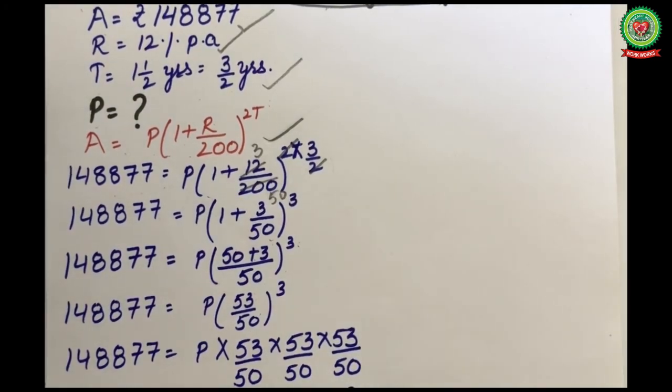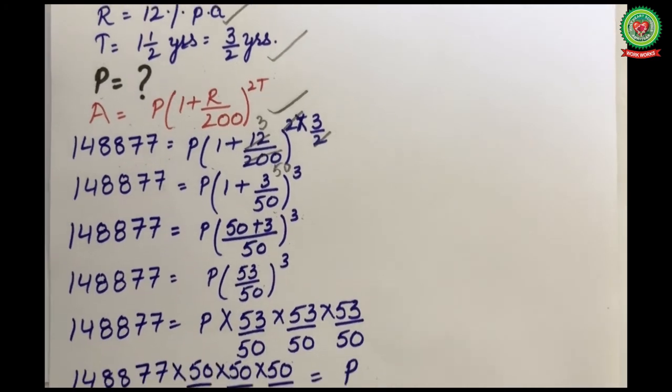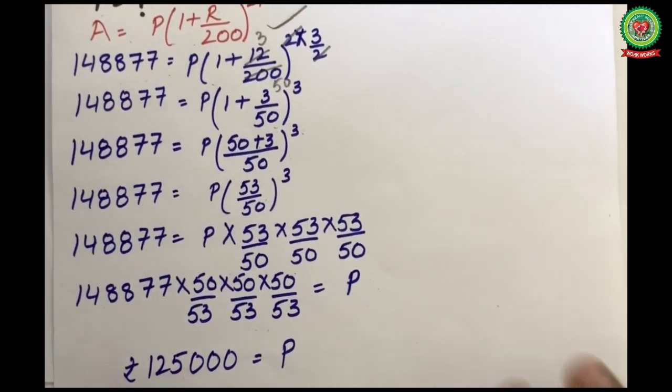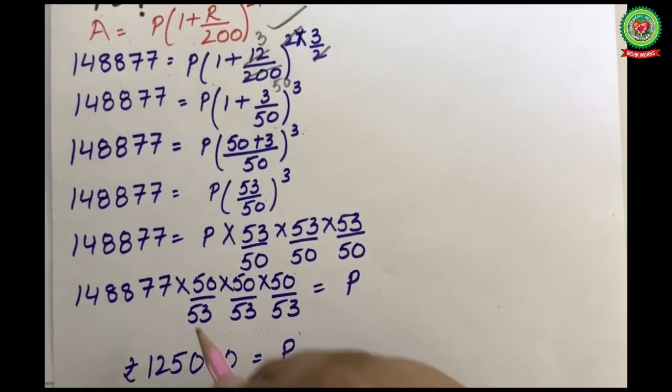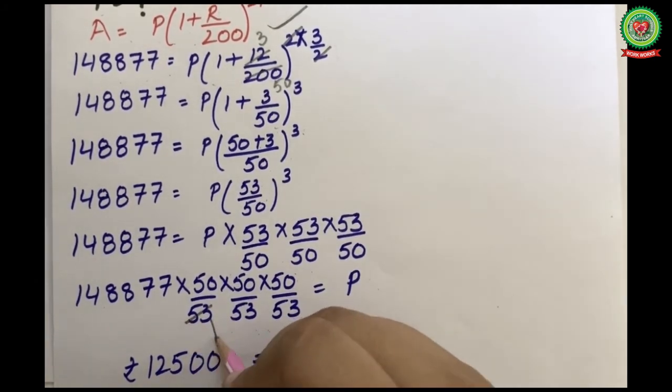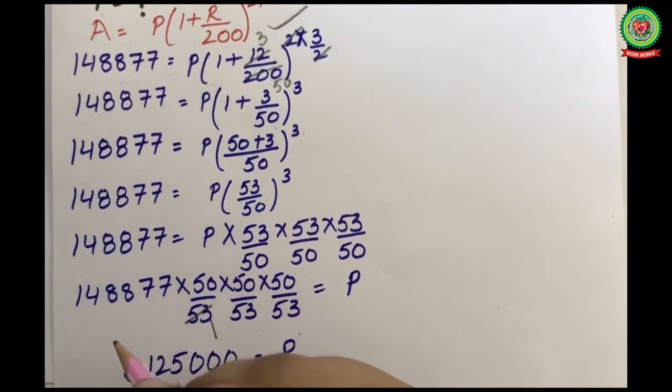Now we are going to do the shifting. On shifting we get 1,48,877 into 50/53 into 50/53 into 50/53 is equal to P. Now students, we have to do the cuttings. Now we are going to do the cuttings of 53 with 1,48,877.